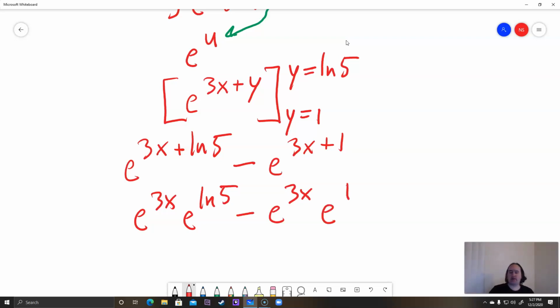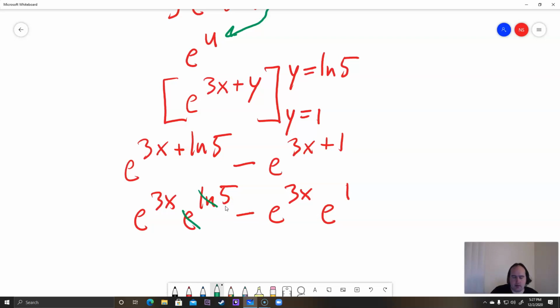That's using a rule of exponents, which says that if you're multiplying exponents, that's the same as adding. So if you're multiplying outside of the exponents, that's the same as adding on the inside. So that's how we got from here to here. And then for the e to the ln of 5, the e and the ln cancel out. So these just cross out, and we just get 5.